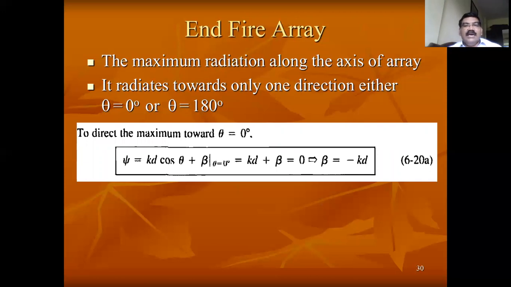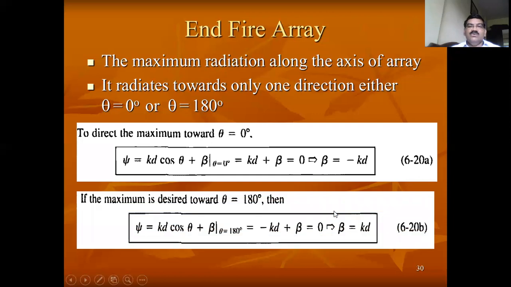The maxima towards theta equals 0. So your psi equals kd cos theta plus beta, and kd plus beta should be 0. That means beta equals minus kd. So your beta should be minus kd. That is the requirement.